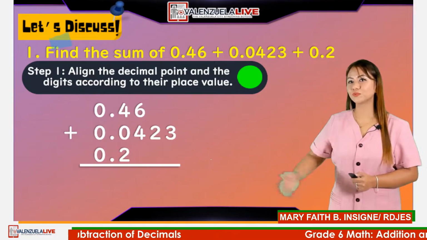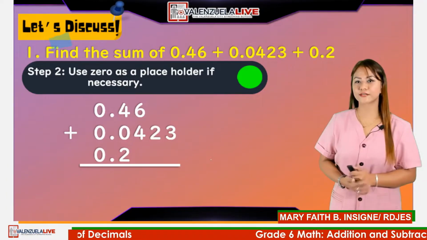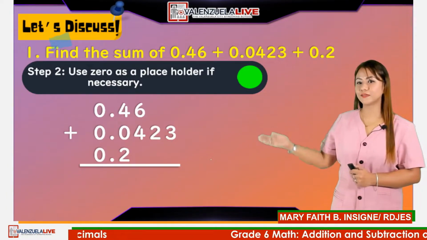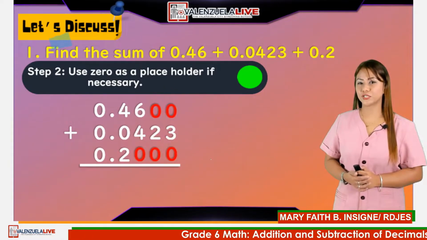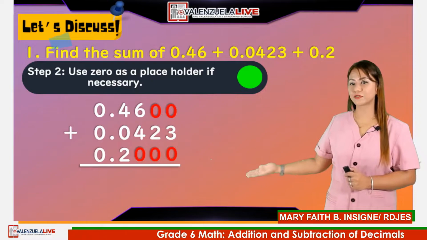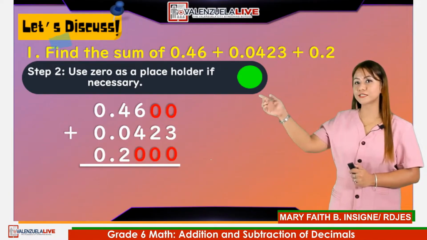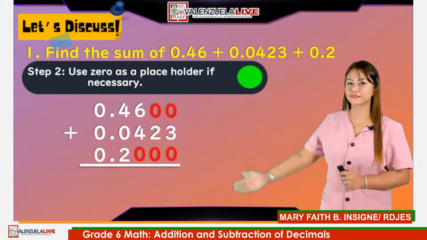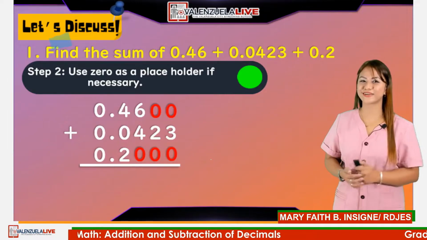And step 2, use 0 as placeholder if necessary. The decimals in this problem do not have the same number of decimal digits. You can write extra zeros or trailing zeros to the right of the last digit of the first and the third decimals, so that all decimals have the same number of decimal digits.